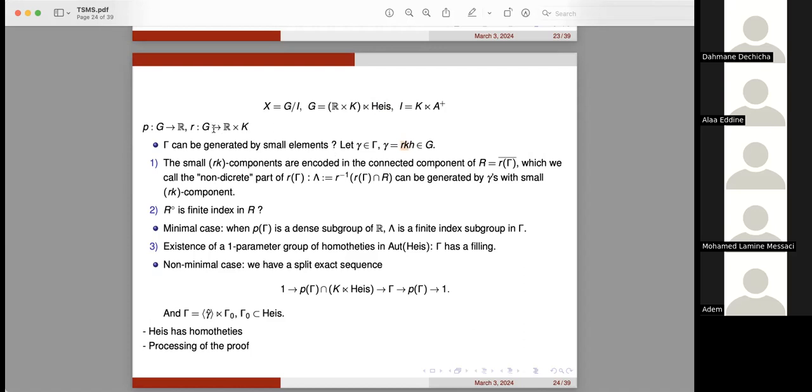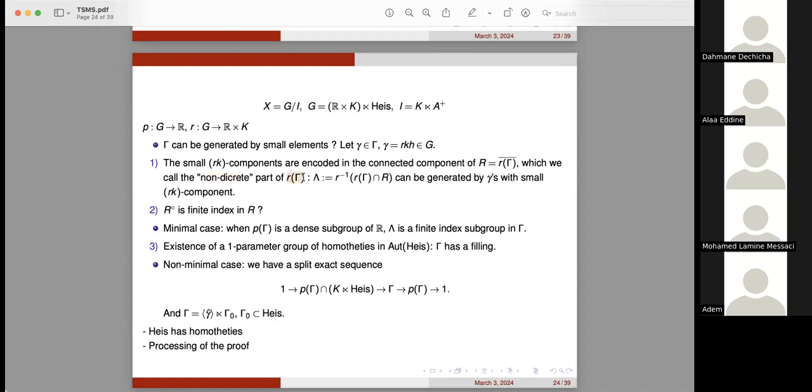I project the group gamma in R times K, and I take the closure; this group I call big R, and I look at the connected component of this group, which we call the non-discrete part of this projection.